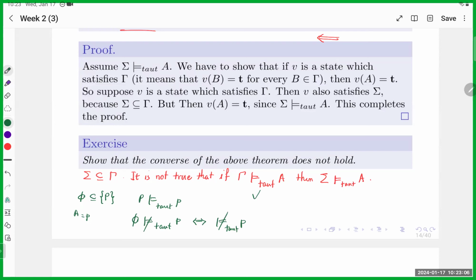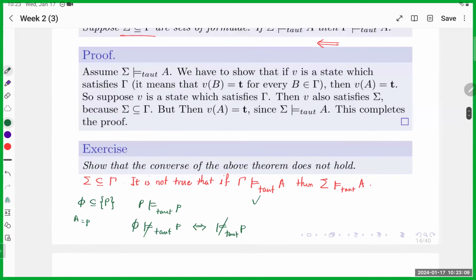What this is saying is that if I can tautologically imply A, which is the same as proving, from the set of hypotheses gamma, then can I conclude A from fewer hypotheses? No, it's not true.